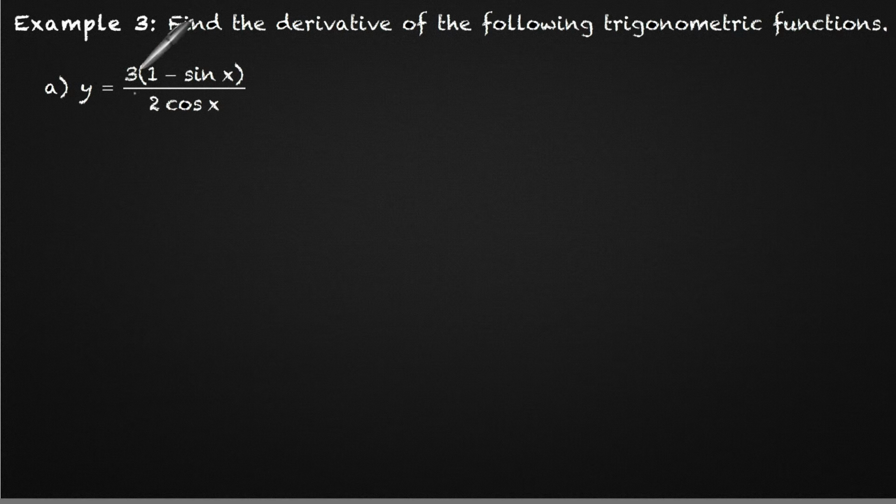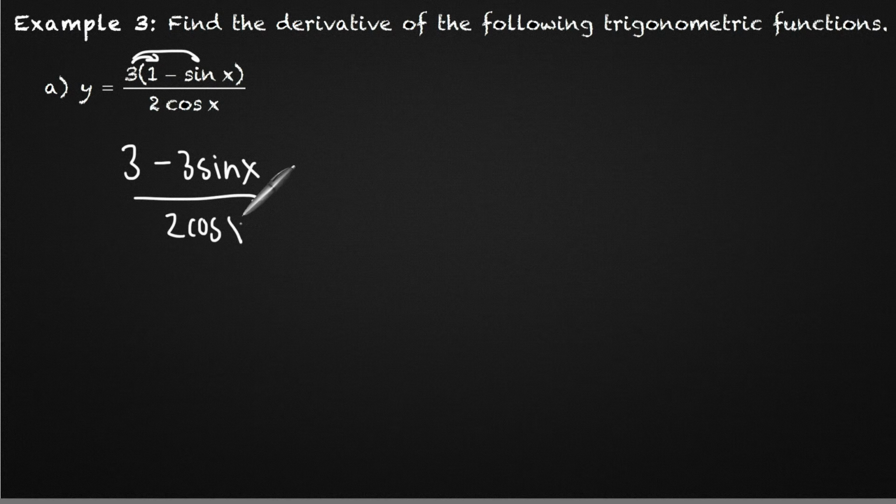Let's say you distribute the 3 to the 1 minus sine of x. So you get 3 minus 3 sine x over 2 cosine of x. Now we've seen this before a few times in this class.